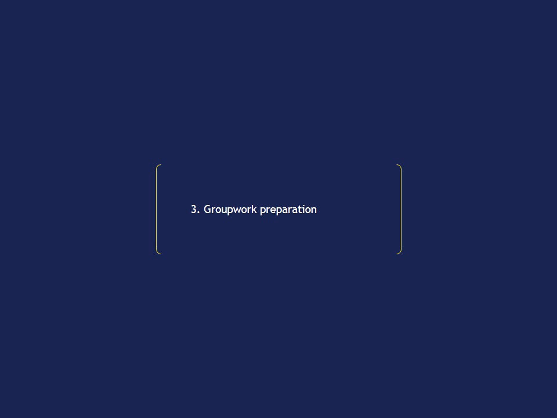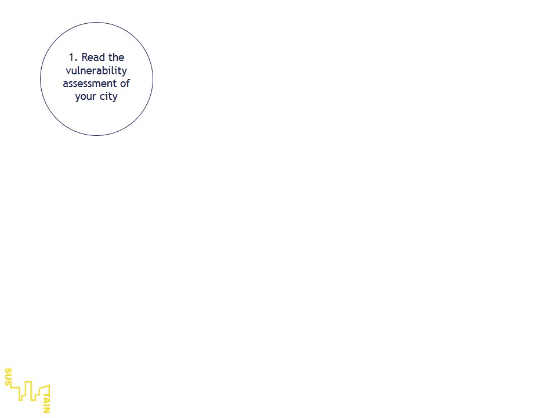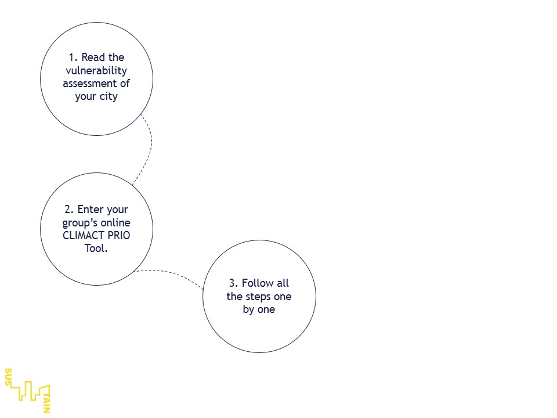Here are the instructions on how to go about with the group work. First, read the vulnerability assessment of your given city. Go to your group's online CLIMACT PRIO tool available on Google Drive. Follow the instructions one by one.